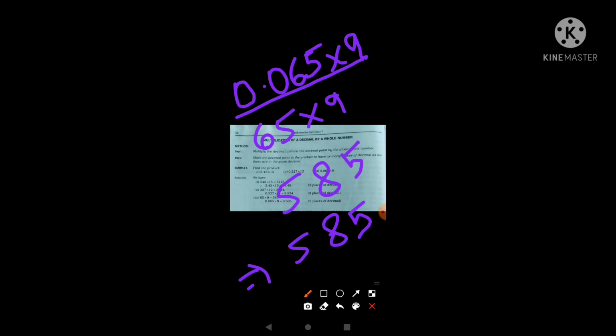Now see, in the decimal number how many decimal places are there? 3. So in the product also there will be 3 decimal places, so we will put the decimal 3 places from the extreme right side, 1, 2, 3, so the decimal will come here. And before the decimal there is nothing, so we can put 0. This is our required answer.